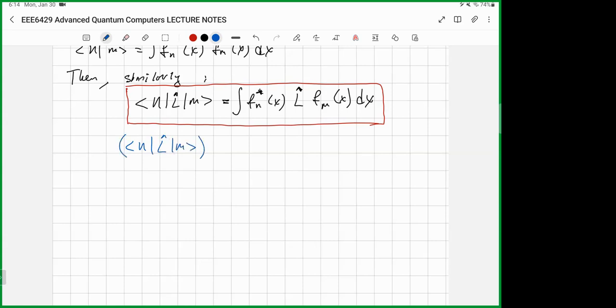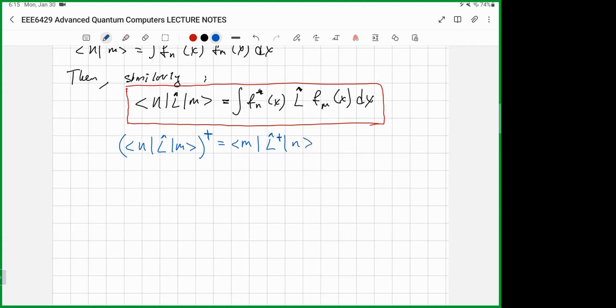What I do is transpose my matrix, so now element m goes to the first place, n goes to the last one, as you probably remember, and this operator gets the dagger.